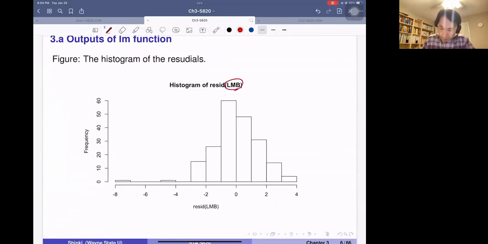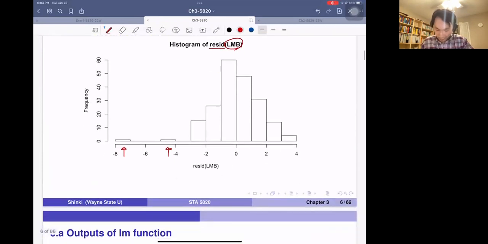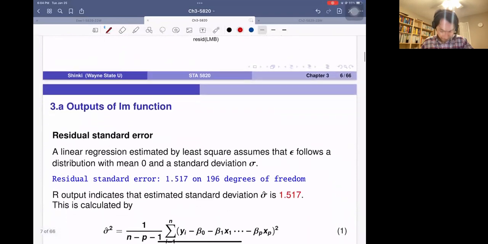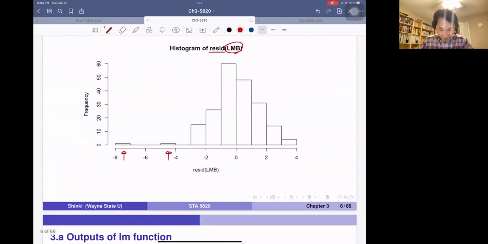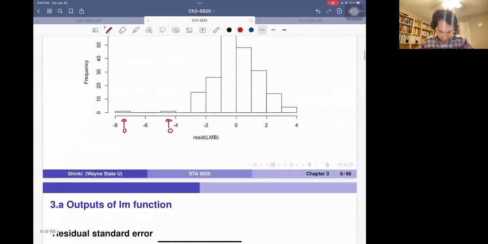Actually, lm is the name for the linear model, and then we put the resid function, the residual function, and we get the residuals. We have two extreme values, but the others are almost symmetric and distributed around 0. In a practical analysis, you have to look into these two observations and what's happening in these markets.